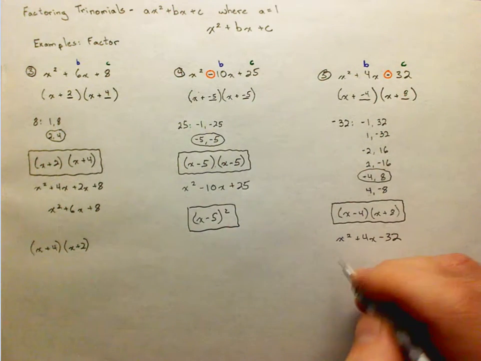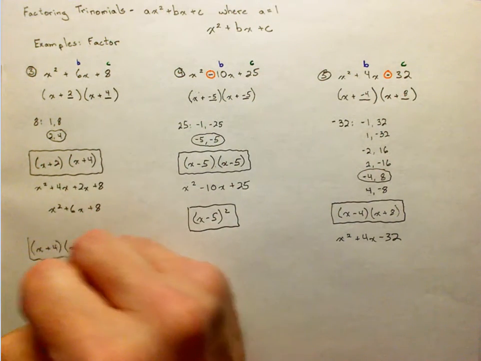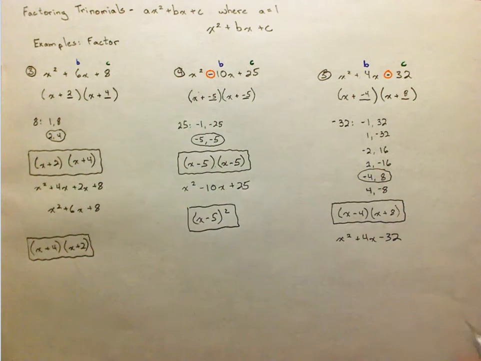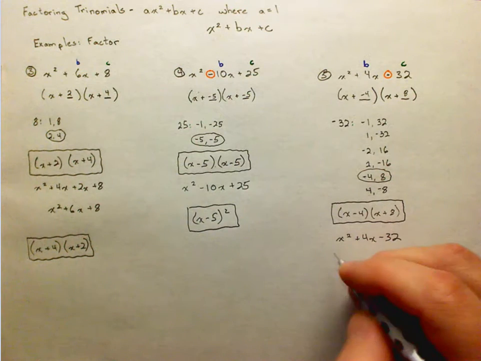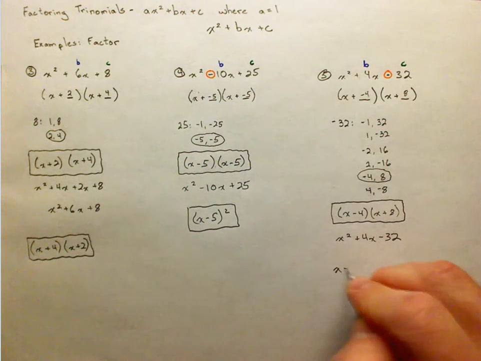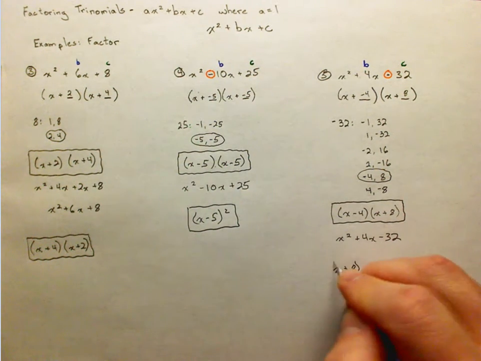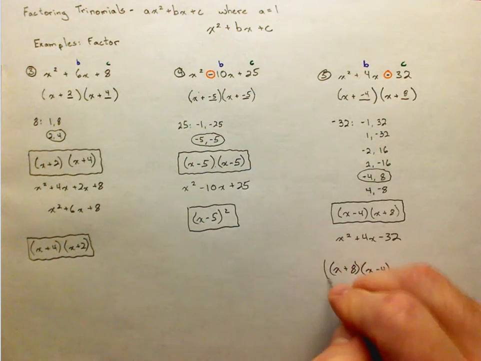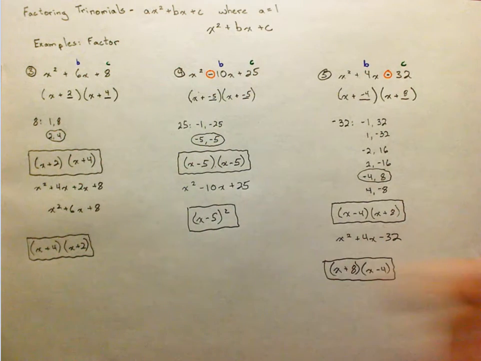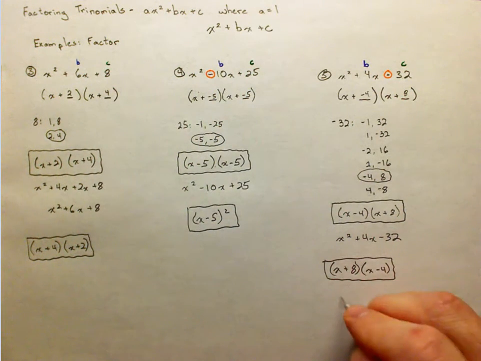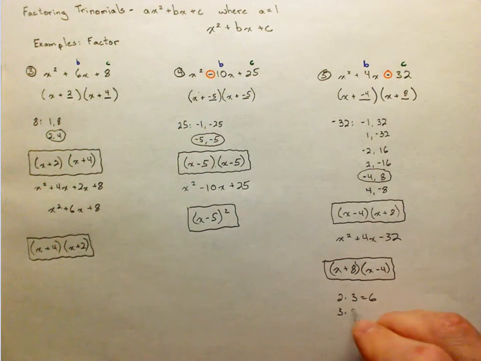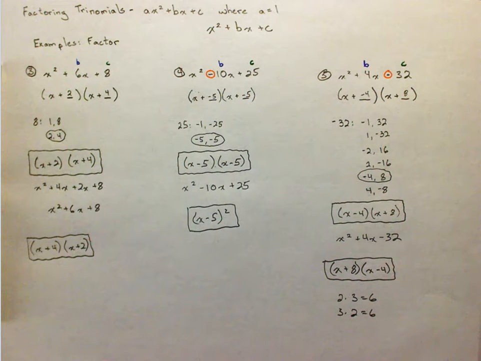I can use the commutative property of multiplication to move those two terms around. Or this one could be x plus 8 times x minus 4. I will still have the same answer. And it harkens back to this: 2 times 3 equals 6, and 3 times 2 equals 6. Commutative property of multiplication.